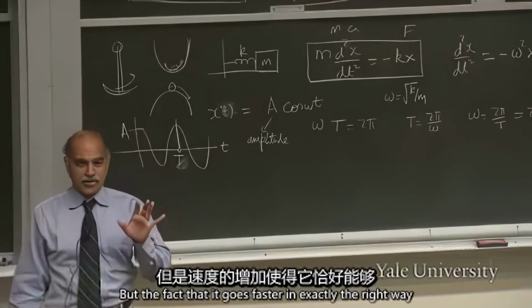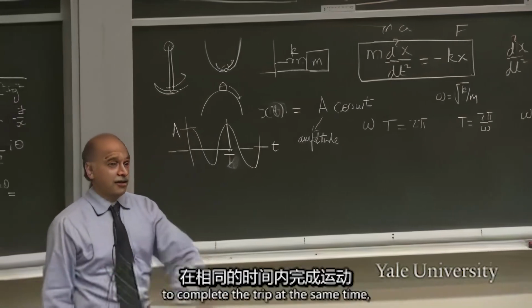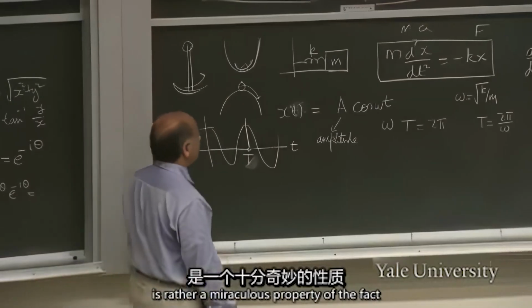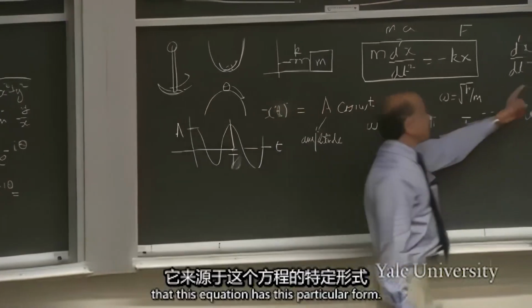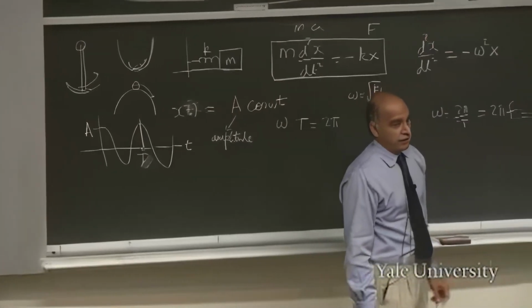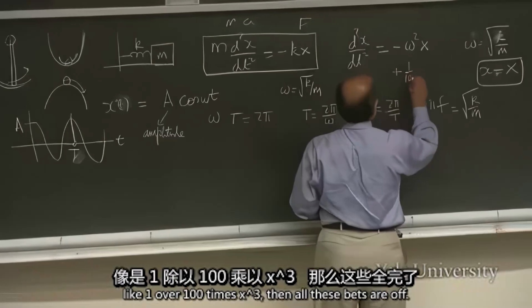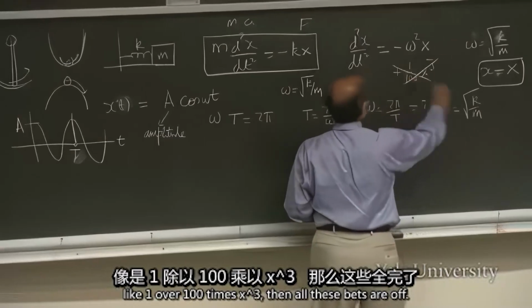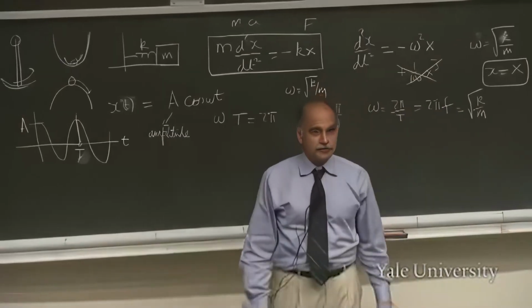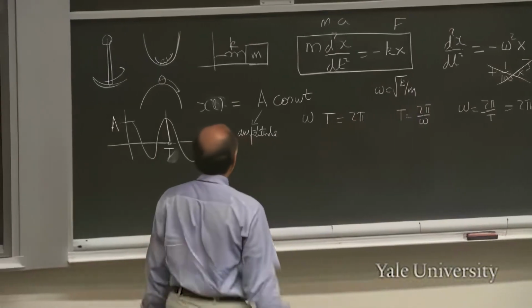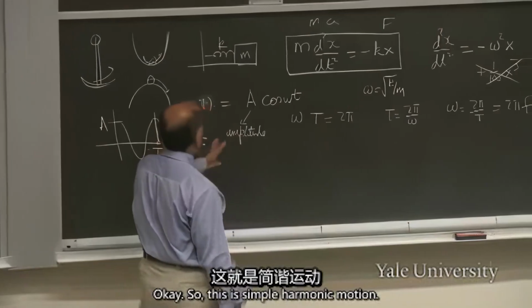But the fact that it goes faster in exactly the right way to complete the trip at the same time is rather a miraculous property of the fact that this equation has this particular form. If you tamper with this, if you add to this a little bit, like 1 over 100 times x cubed, then all these bets are off. It's got to be that equation for that result to be true. Okay, so this is simple harmonic motion.